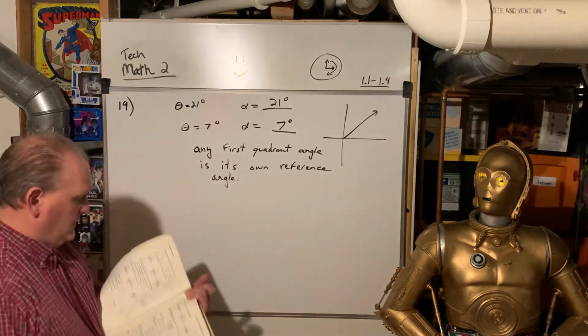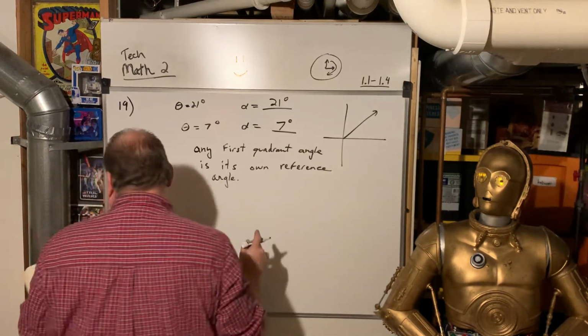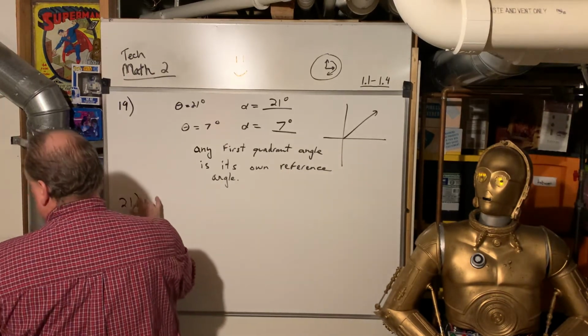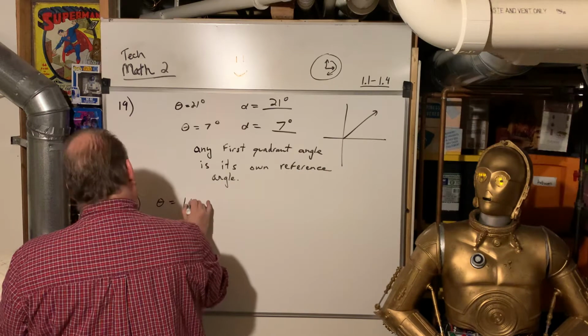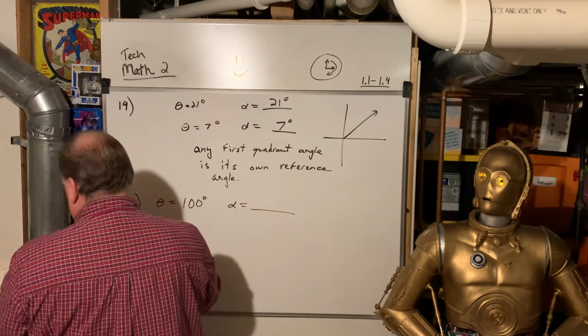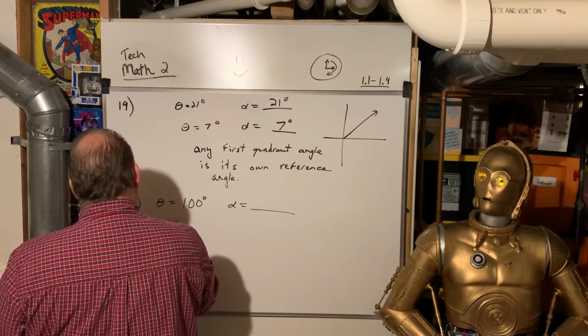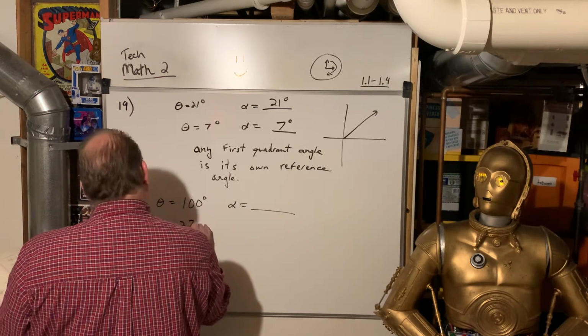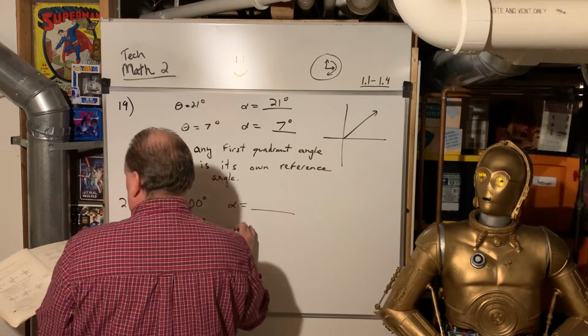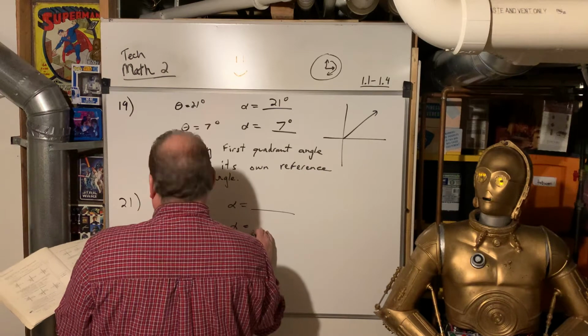All right, so now let's look at 21. This one is going to be a little more challenging. So they want reference angles, and then they want us to say where it ends up also.